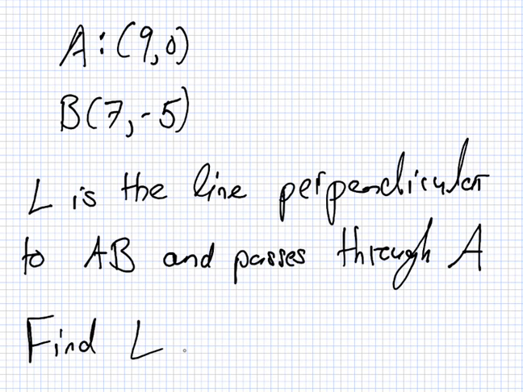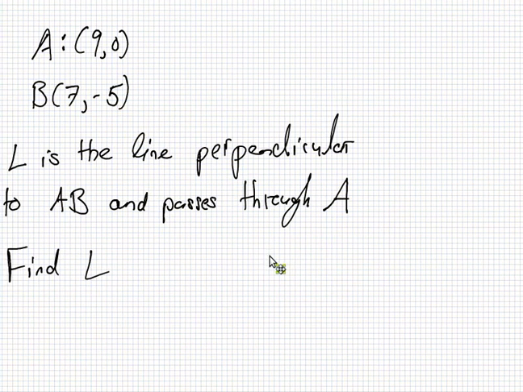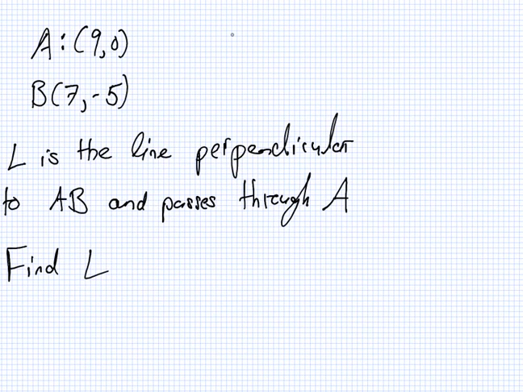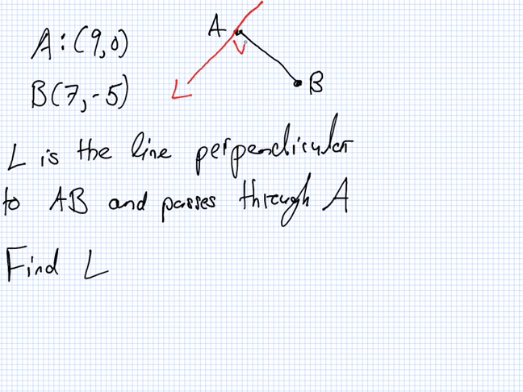Okay, do you have it done now? Let's have a look at it. So what I'll do first, roughly, there's A, for example, there's B. And my line goes through A, and it's perpendicular to this. So this is my line here that I want. It's perpendicular.